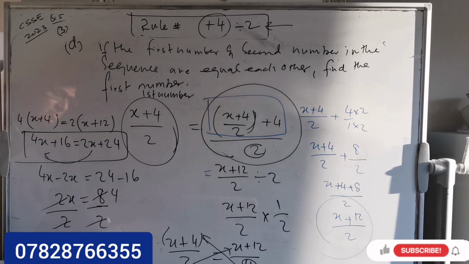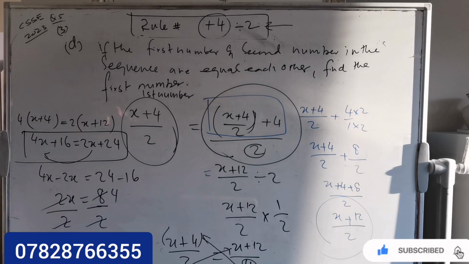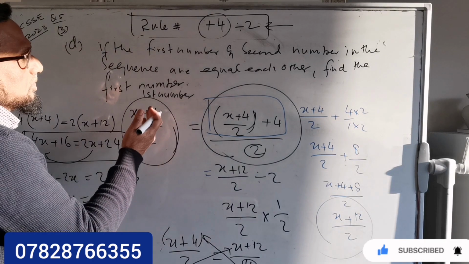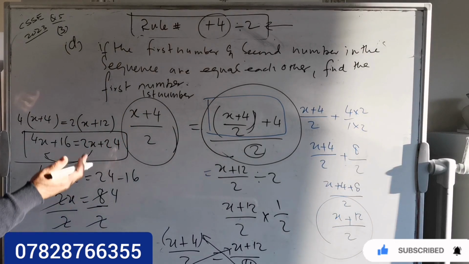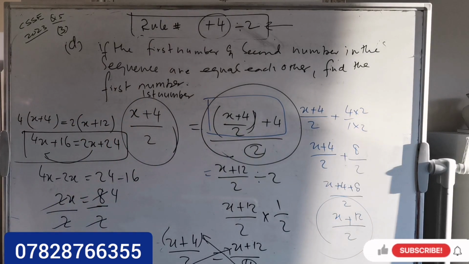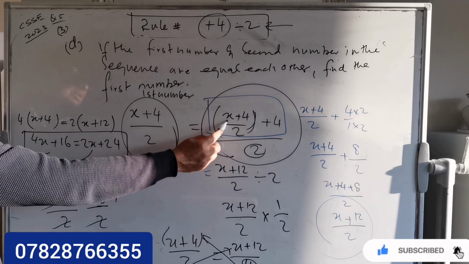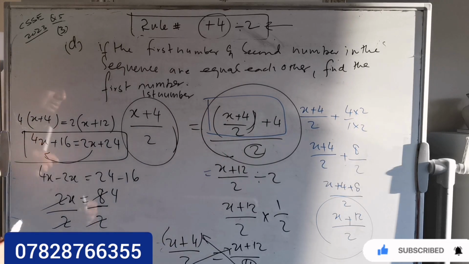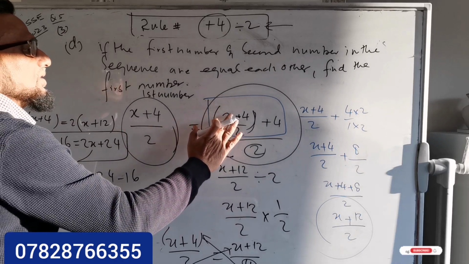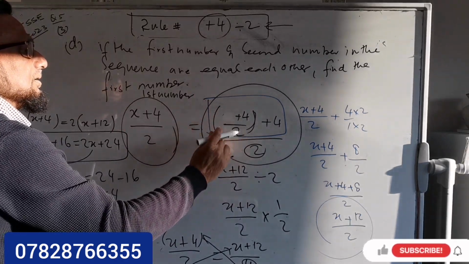So the x value is 8. Sorry, the x value is 4. So the first number will be 4, and the second number is also 4. How? You can just put the value of x in to find the second number. The second number we found here.